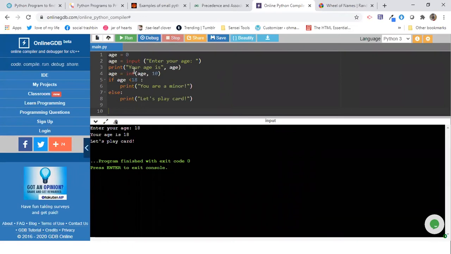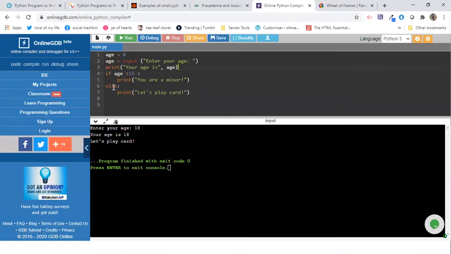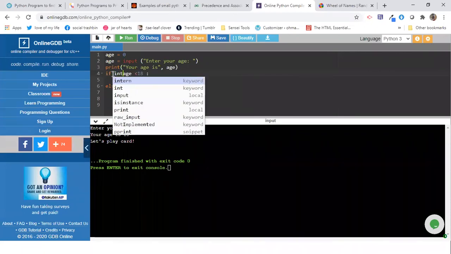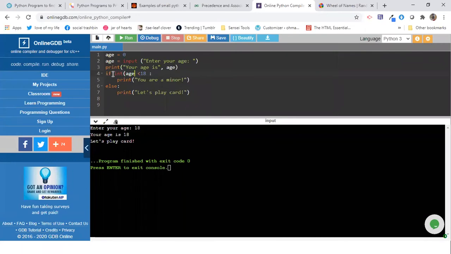Okay? Pwede rin na yung data conversion nyo is dito nyo ilagay. Int age. So, convert natin dito mismo sa expression tapos compare niya sa 18. Run. 17, minor. 19.